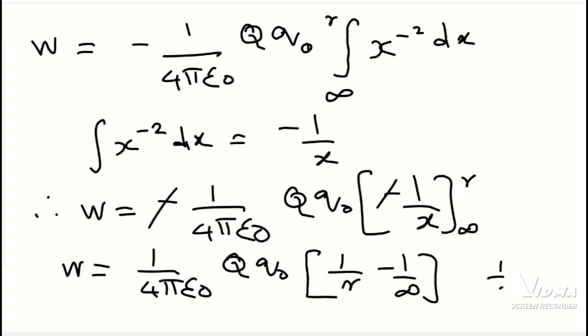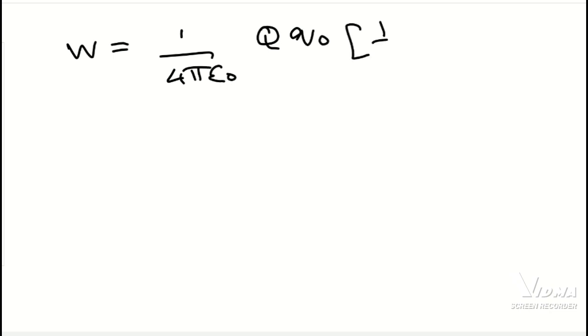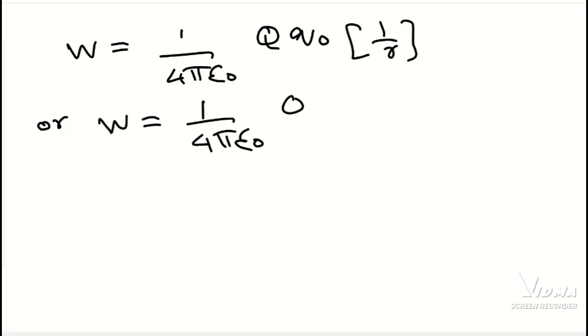As we know that 1 by infinity is equal to 0, therefore we will get W is equal to 1 by 4 pi epsilon naught capital Q into small q naught into 1 by r. Or I can write W is equal to 1 by 4 pi epsilon naught capital Q into small q naught by r. So this is the formula for the work done in bringing a charge q naught from infinity to point P.